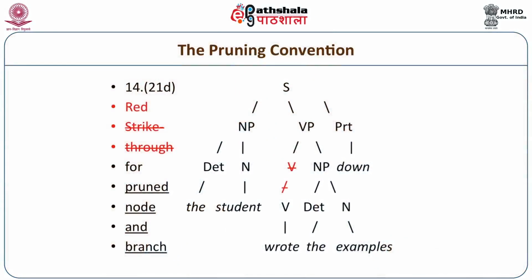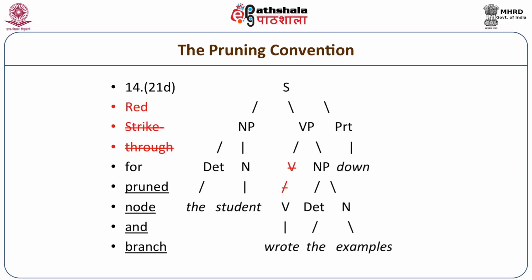For example, if you consider the output of the transformation called particle movement, the transformation that takes an English verb particle construction and moves the particle to the right, before you began your work, the tree had a V node.